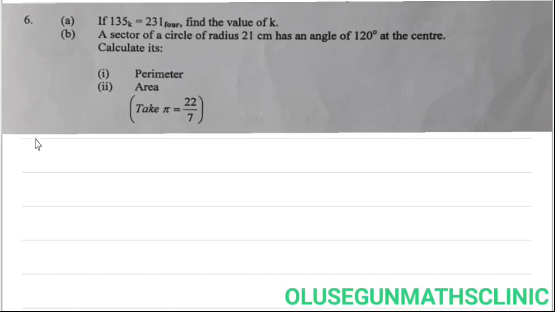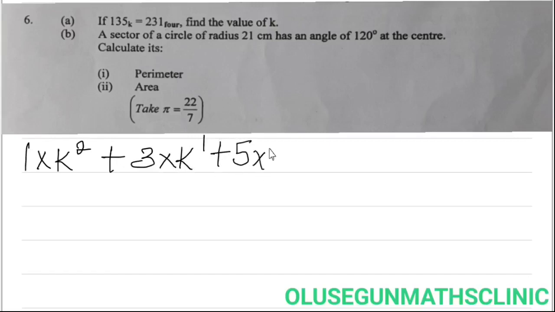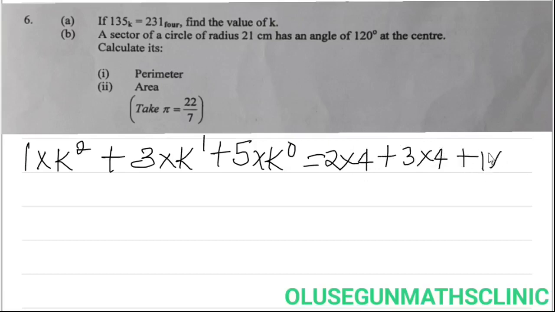So what you do is you convert both sides to base 10. 1 times k squared plus 3 times k to the power 1 plus 5 times k to the power 0, is equal to 2 times 4 squared plus 3 times 4 to the power 1 plus 1 times 4 to the power 0.